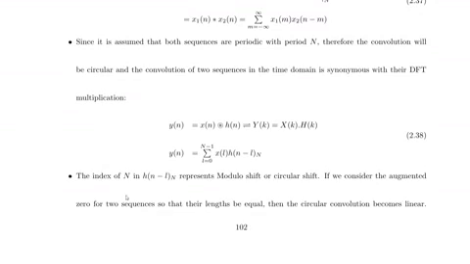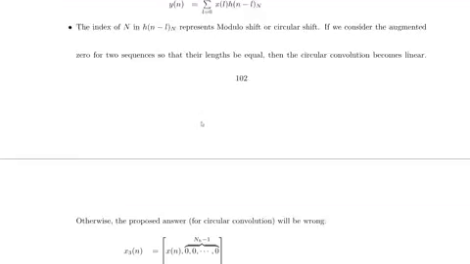Right. The index of n in h of n minus l represents modular shift or circular shift. If we consider the augmented zeros for two sequences so that their lengths be equal, then the circular convolution becomes linear.